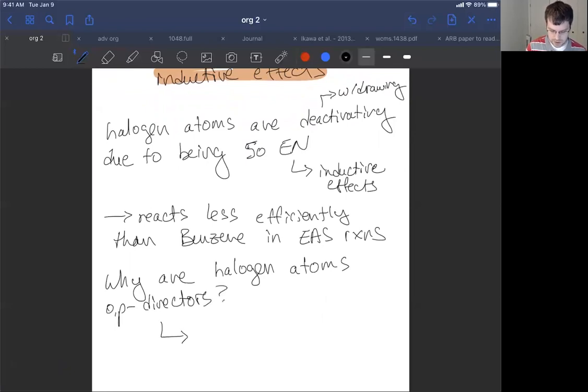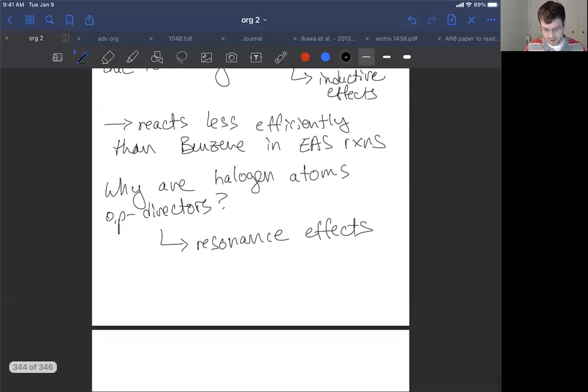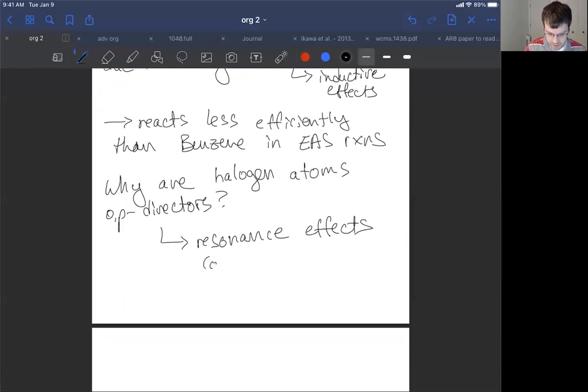The answer is resonance. So like the oxygen atom, we're going to see competing effects from resonance and inductive, sort of. Yeah, I mean, in reality, they are. So it turns out the resonance effects compete with inductive effects.